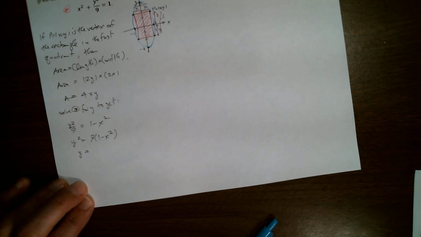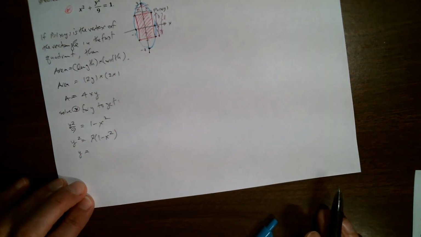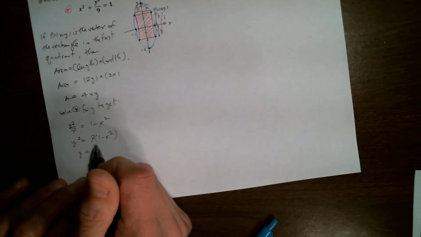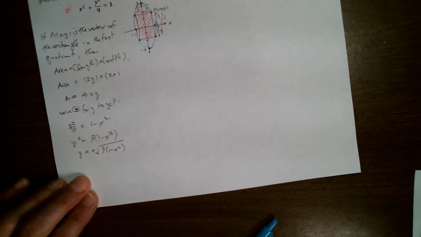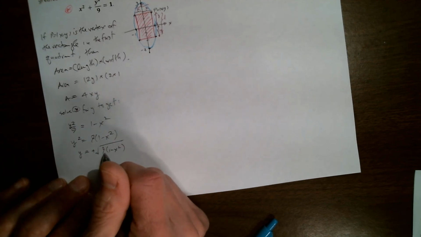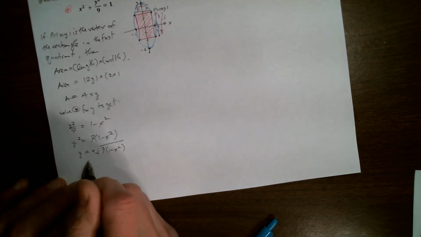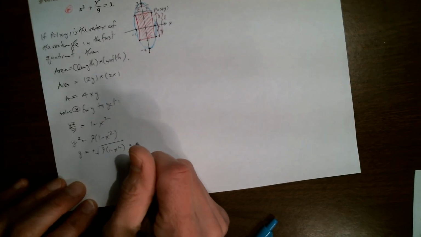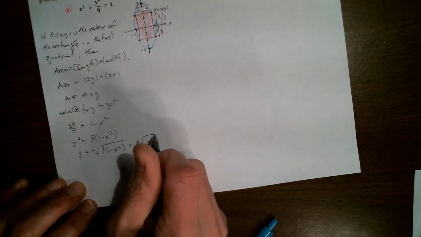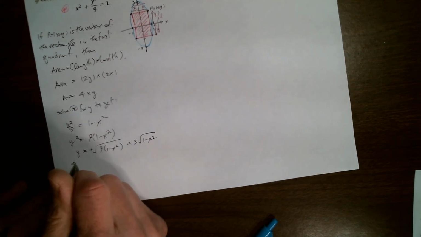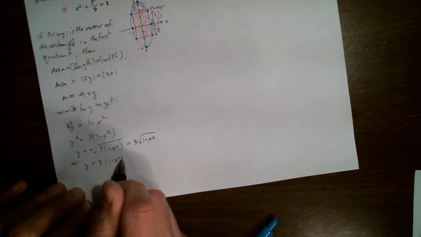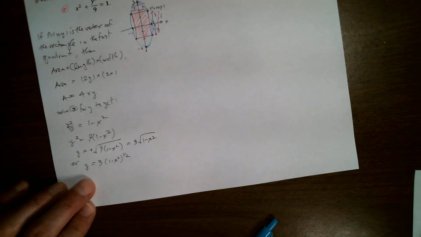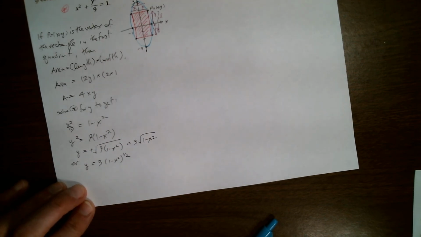But remember that y must be positive because y is on the ellipse and it's in the first quadrant. So y is the positive square root of 9 times (1 minus x squared), and the square root of 9 is 3. So we could simplify this as 3 times the square root of 1 minus x squared. Or if we'd like, we could replace the radical by the 1/2 power. So y must be 3 times (1 minus x squared) to the power of 1/2.